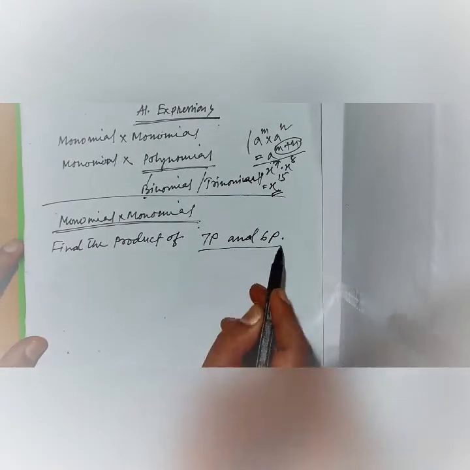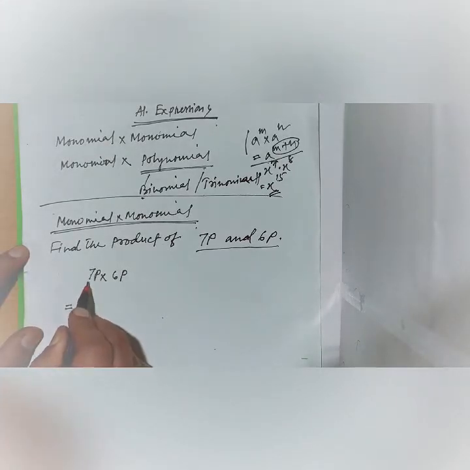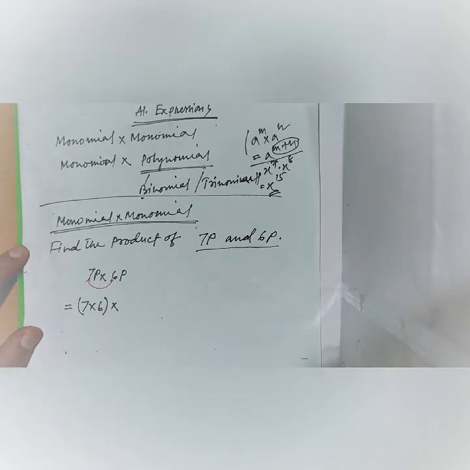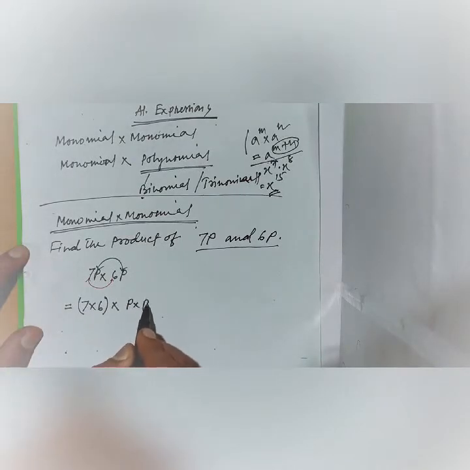Let us take the example. We have to multiply 7p into 6p. Whenever we multiply, first we multiply the numerical coefficients, 7 into 6, and then we multiply the literal coefficients, p multiplied by p.